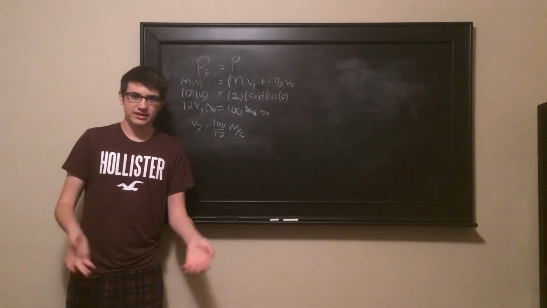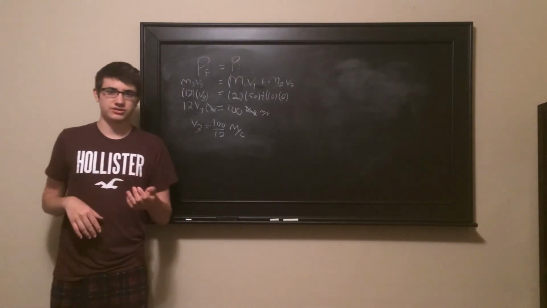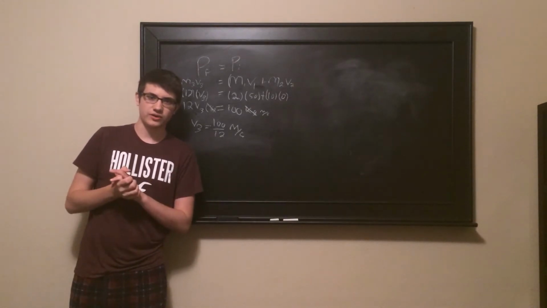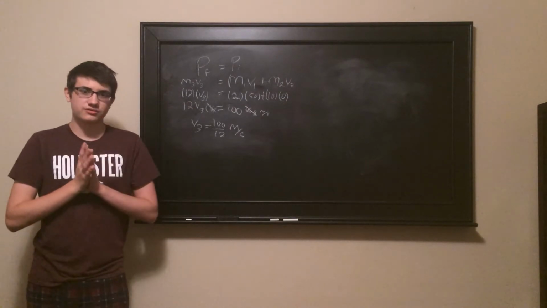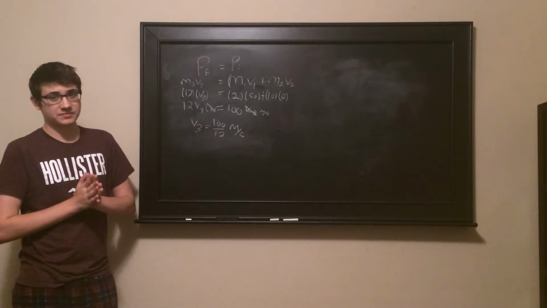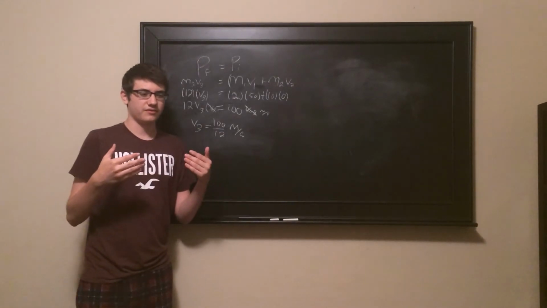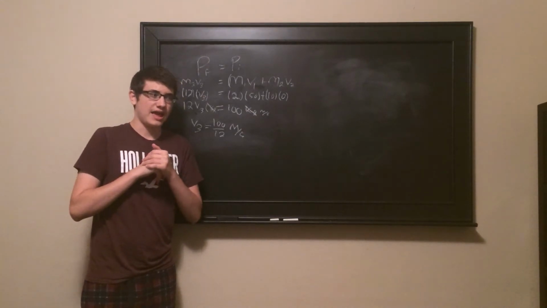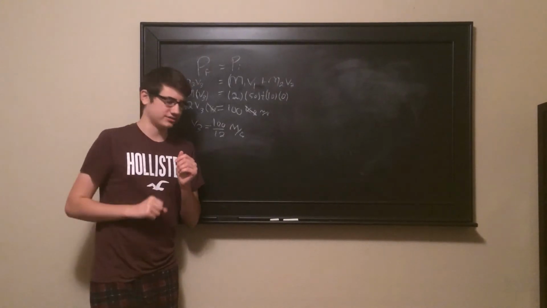In this, momentum is conserved, and kinetic energy is also conserved, so the kinetic energy initial, 1/2 mv squared, is equal to the kinetic energy final. In inelastic collisions, the objects typically stick together, and momentum is conserved, as in all collisions, but kinetic energy is not conserved.